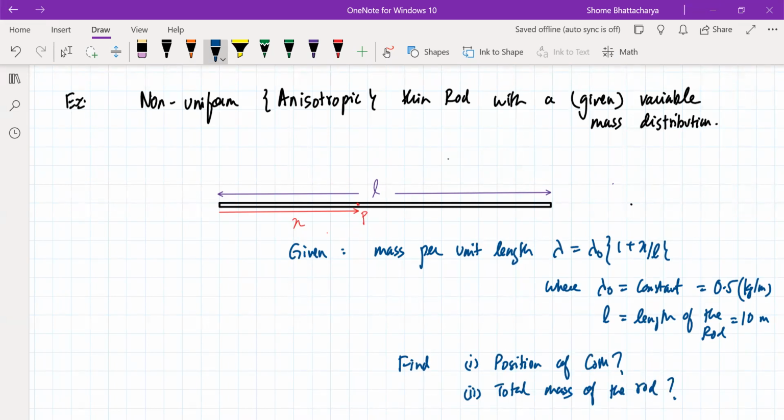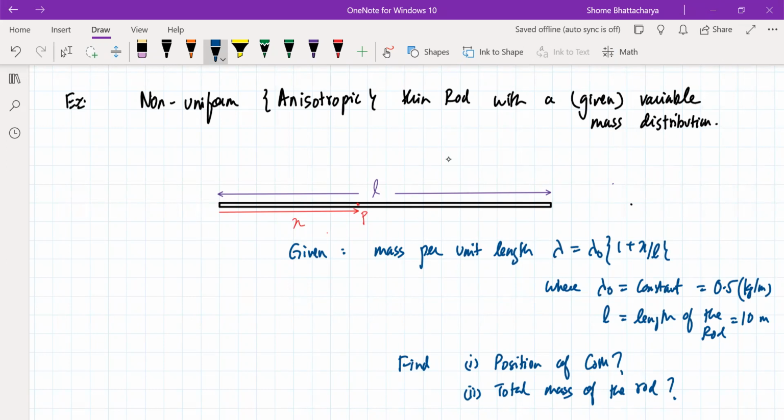So this is where our integration method comes in, because one thing we can straight away understand is that the center of mass will be at a position at more than x equal to L by 2, because the mass distribution is getting heavier as the x coordinate is increasing. Now you can see the mass per unit length is 1 kg per meter by the time you get to the other end of the rod, whereas it is only 0.5 kg per meter at the origin.